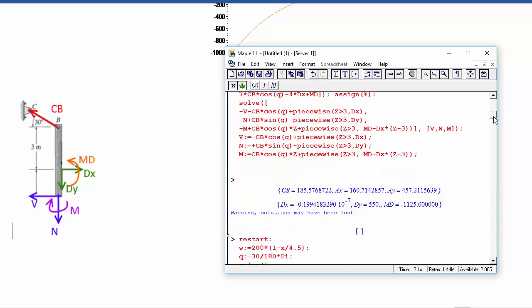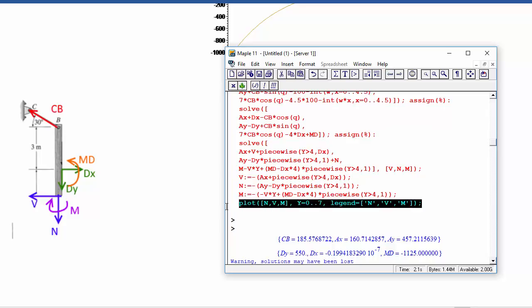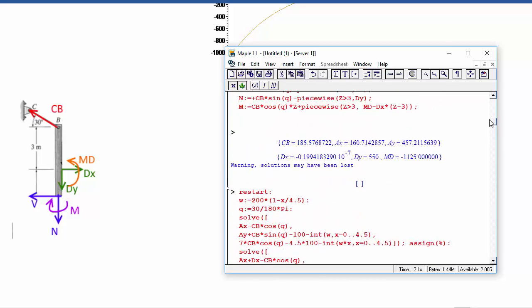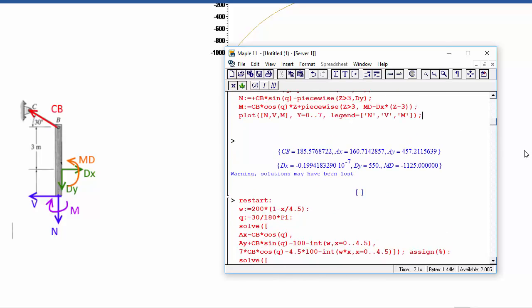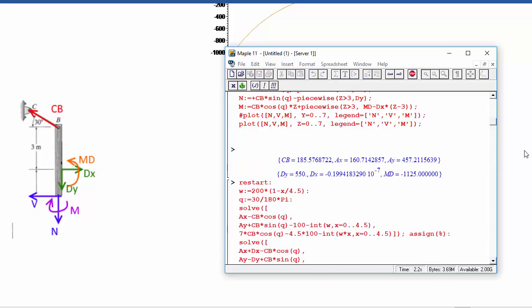Now we can try and plot the same thing as before. From z is zero to 7. Let's try.